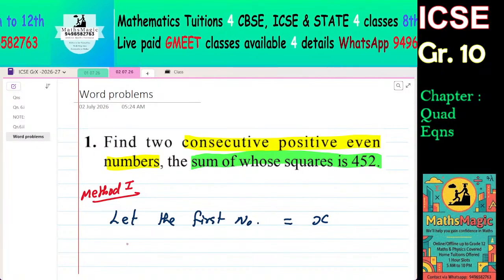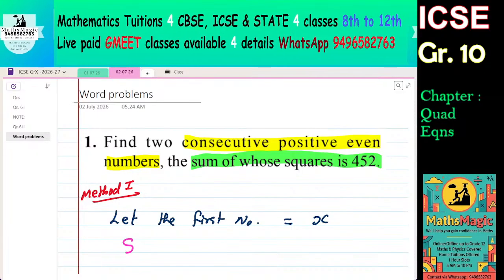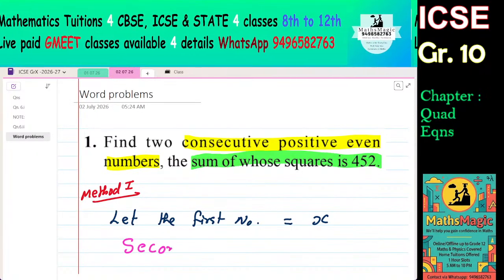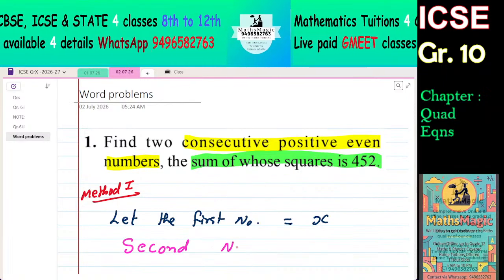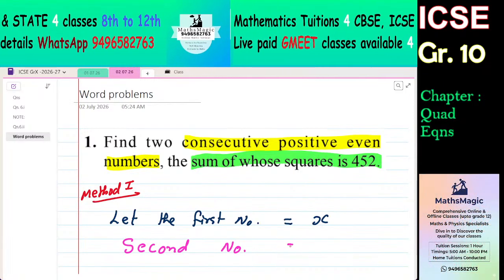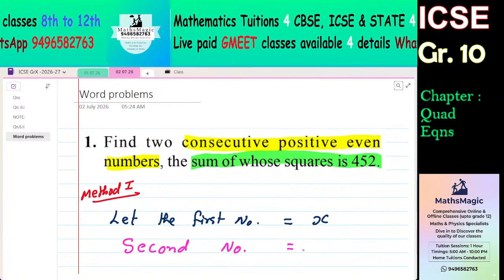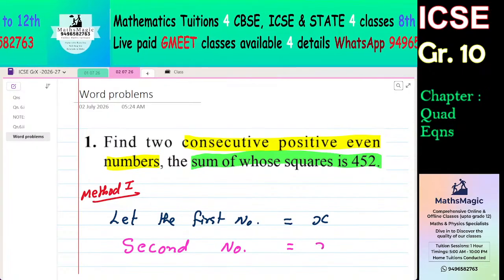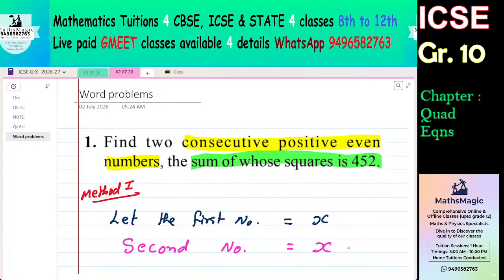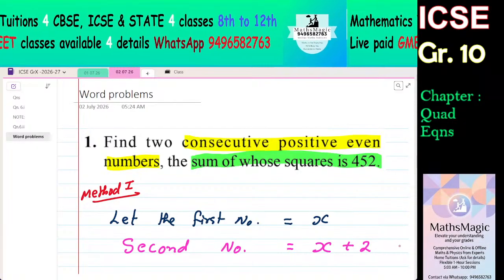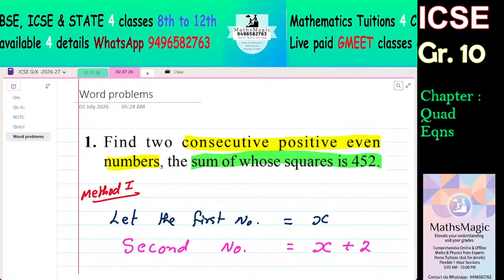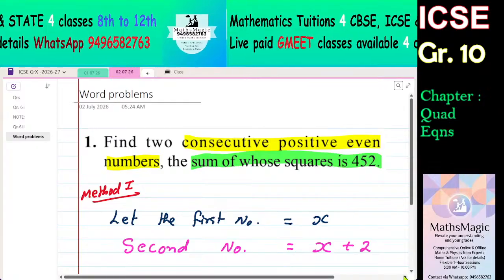So how can you get a consecutive positive next even number from the first number? Think about that. It's not that much tough. If x is an even number, you need to add 2 to it to get the second number. So here we haven't actually used two variables.